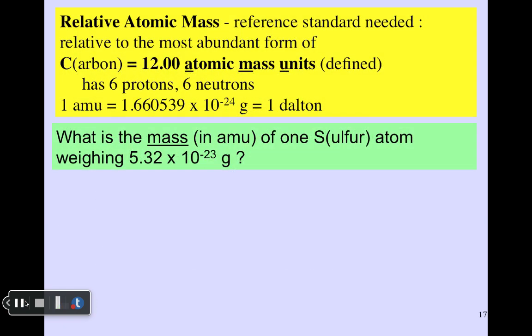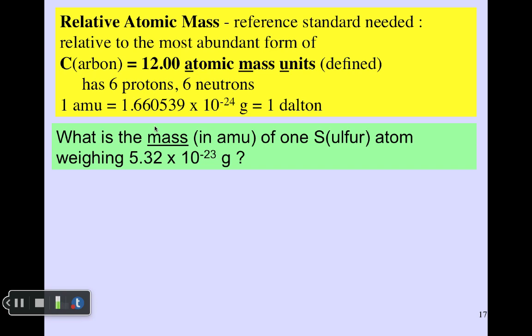The first thing is to realize that in activity 3 on Thursday, atomic mass units were described as masses of the different atoms and isotopes, but what an atomic mass unit is was not described.